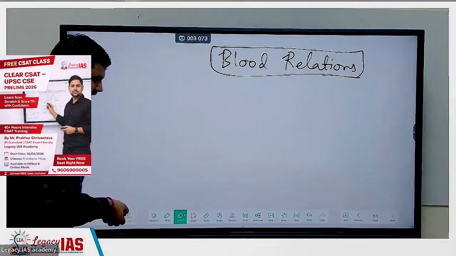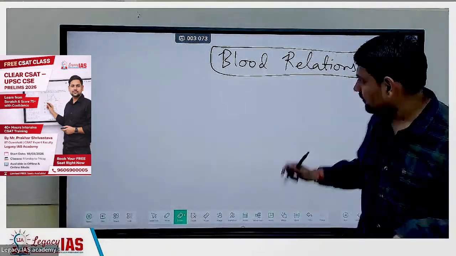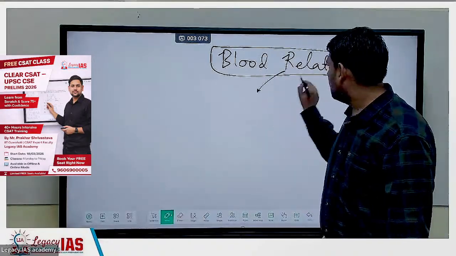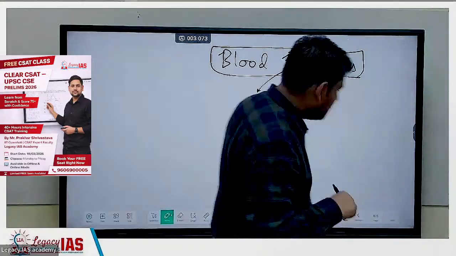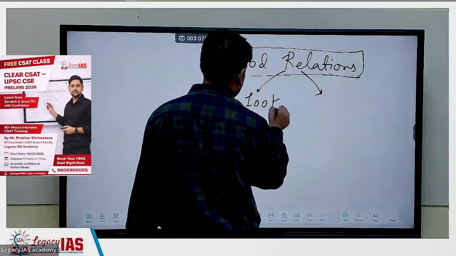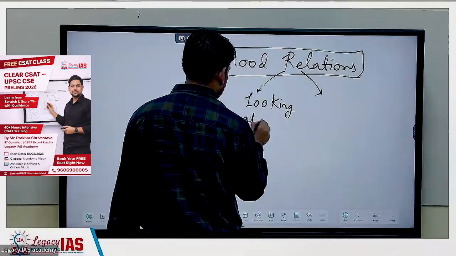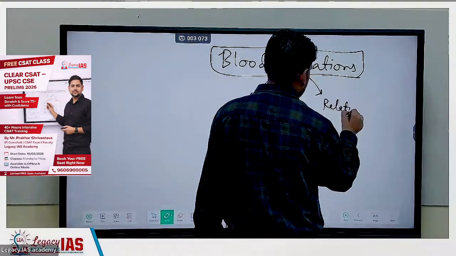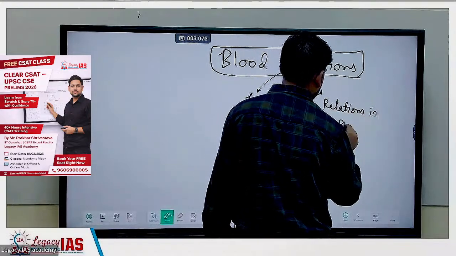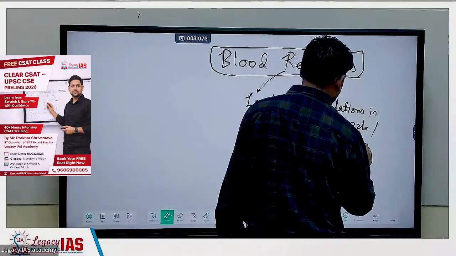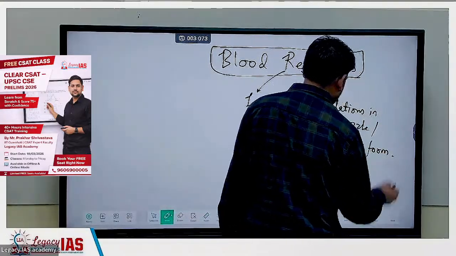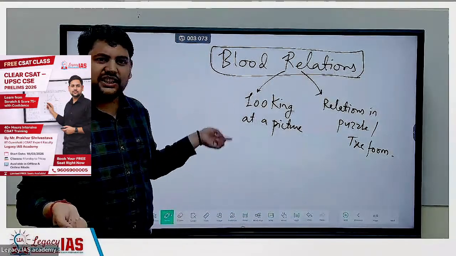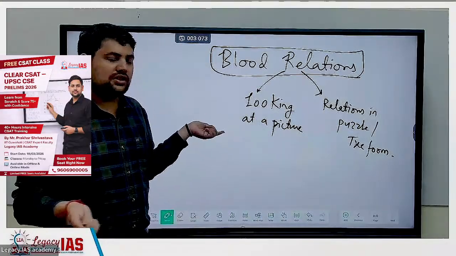So, blood relations. Now, see, there are two kinds of questions that you see from this topic. First is a typical question that you might have seen from your school days.